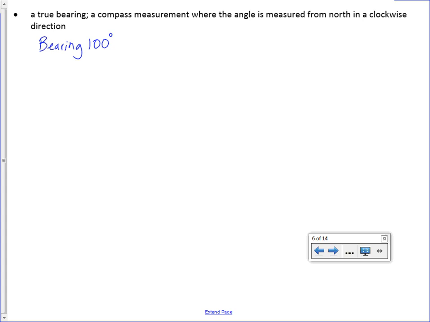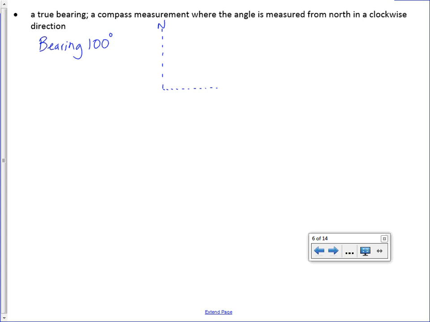Without me telling you anything else, if I just say bearing 100, or true bearing of 100, what you have to interpret that as being is that north is 0 degrees, okay? So there's north. What would be east according to this rule? East would be what bearing, if true bearings are measured from north in a clockwise direction?